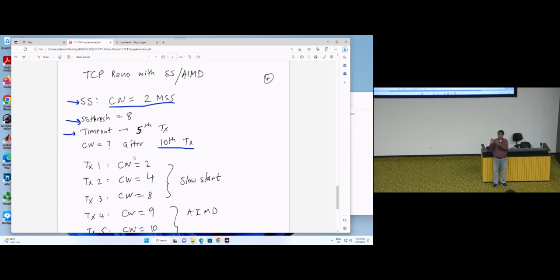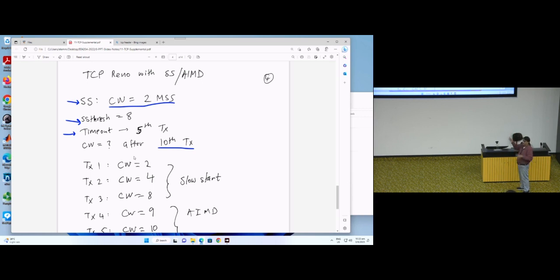TCP Tahoe reacts to both in an aggressive way by reducing it down to 1 and doing slow start, up to half of where the congestion happened. Okay, so assume that we have TCP Reno with slow start and AIMD.